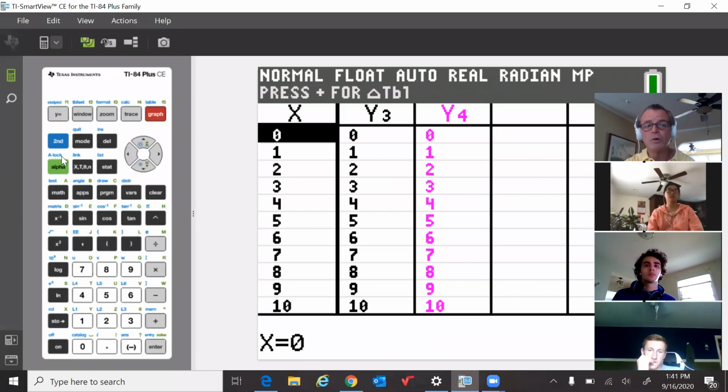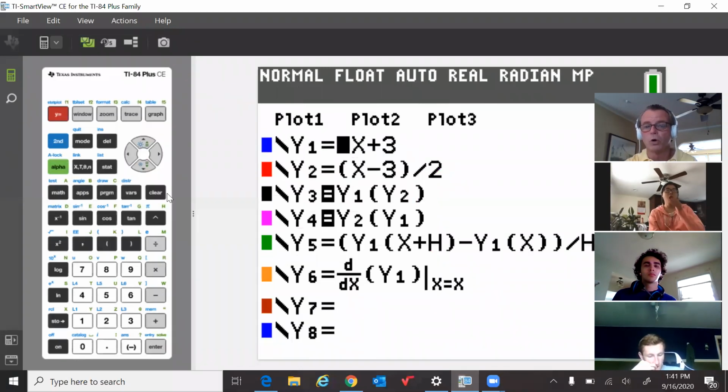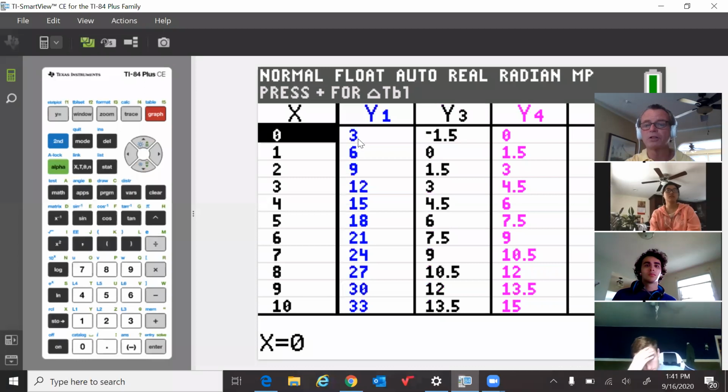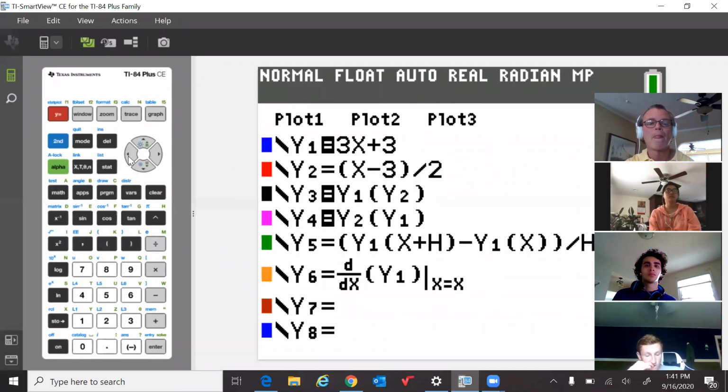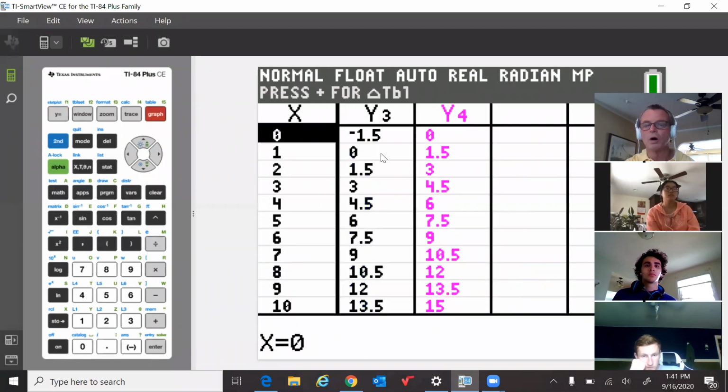Now, if you made a mistake and you go to y equals, and this was wrong, ready? Suppose this was that. Second graph, they're not inverse functions anymore. So y3 and y4 are not generating the input of x.